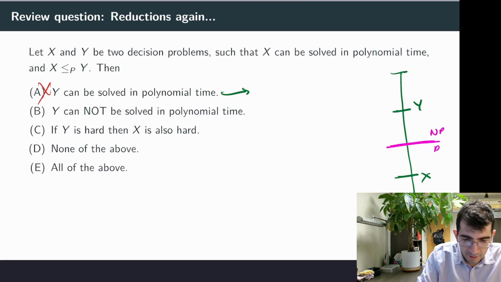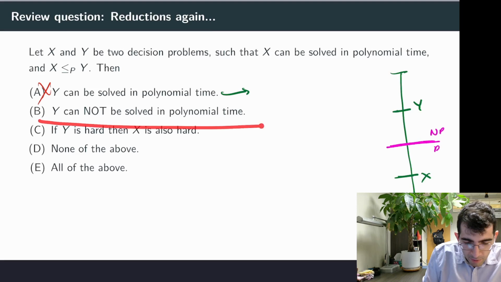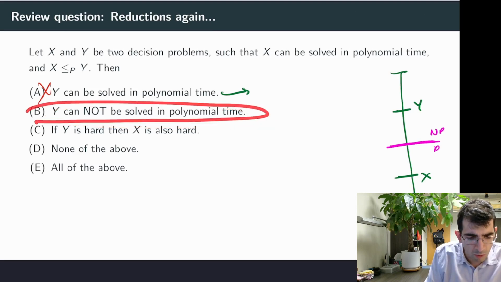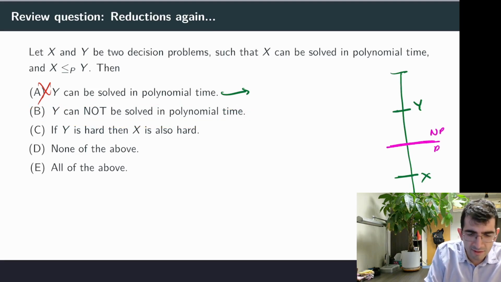What about y cannot be solved in polynomial time? Is that true? No, this is not true. You could reduce any polynomial time problem to something slightly more difficult.